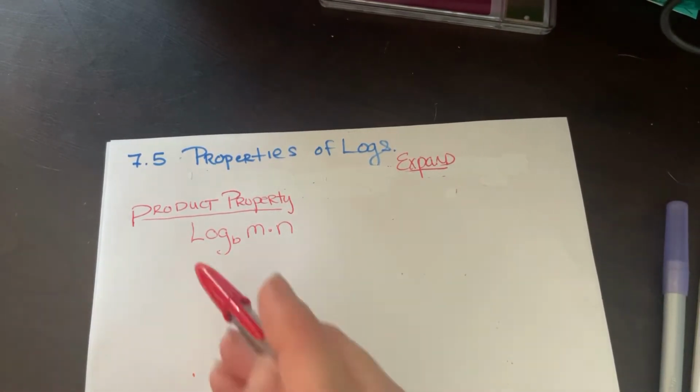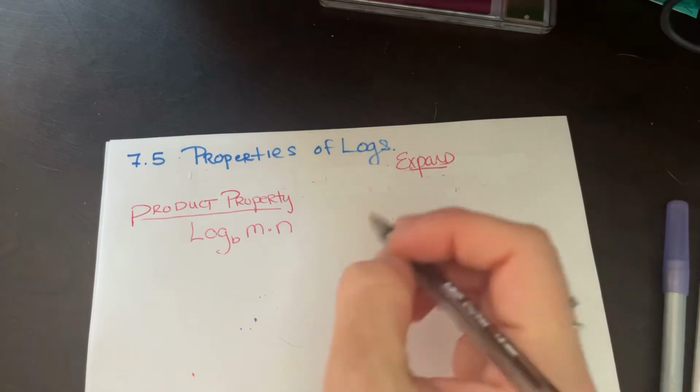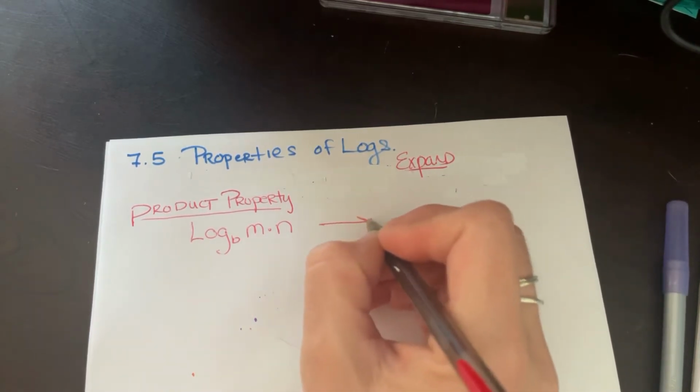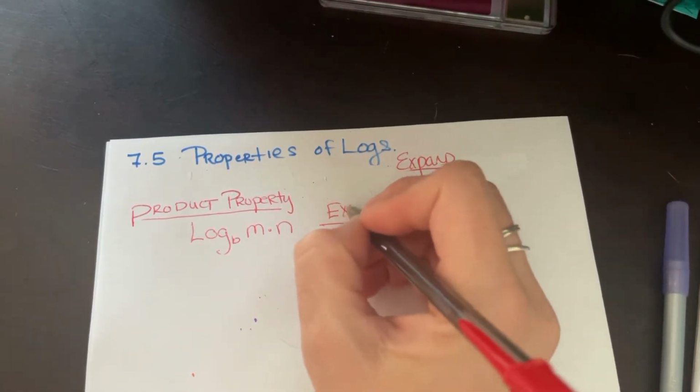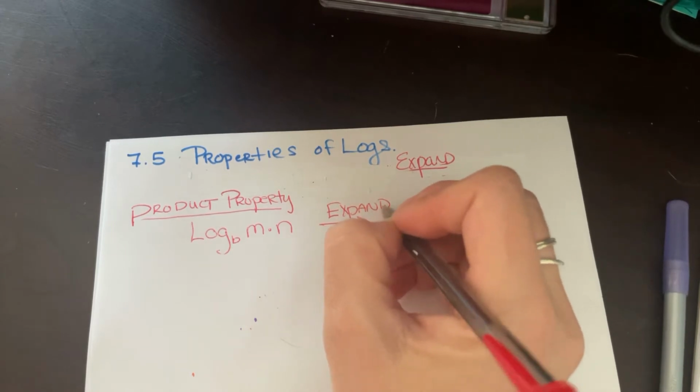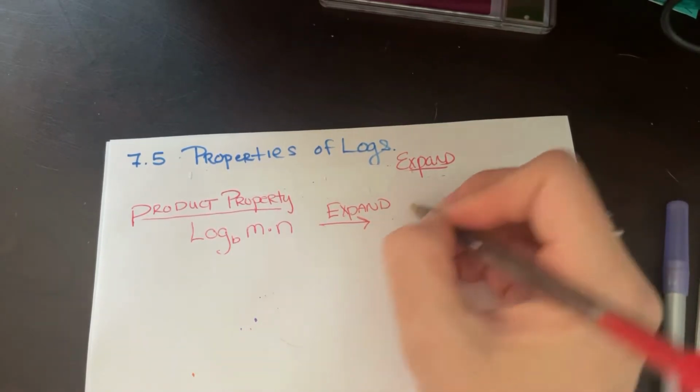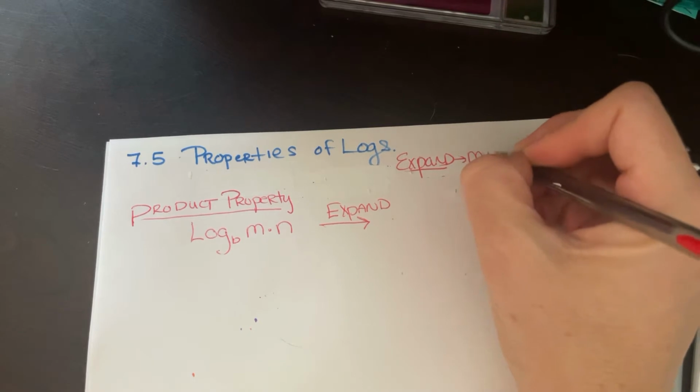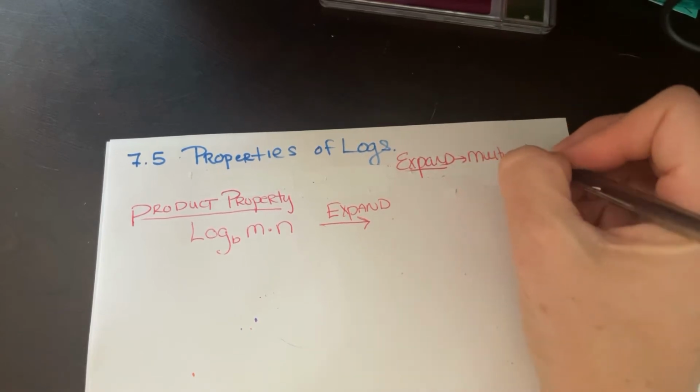So that is when you have one log, it's multiplying. When I ask you to expand it, you are going to be writing, so when you expand something, you're going to write multiple logs.